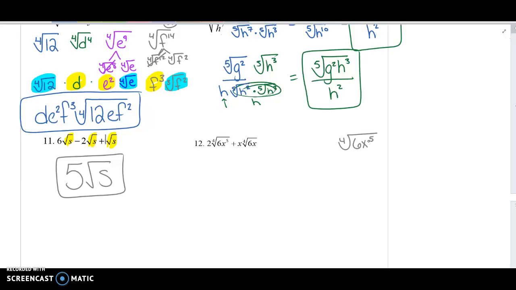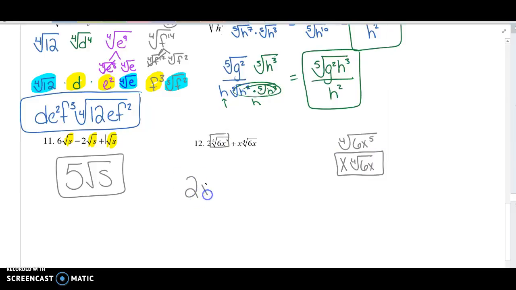I notice that inside x to the 5th, that's 5 factors of x, there's one full group of 4 with 1 left over. So this would become x on the outside, 4th root of 6x. So I'm going to replace this piece with this piece.